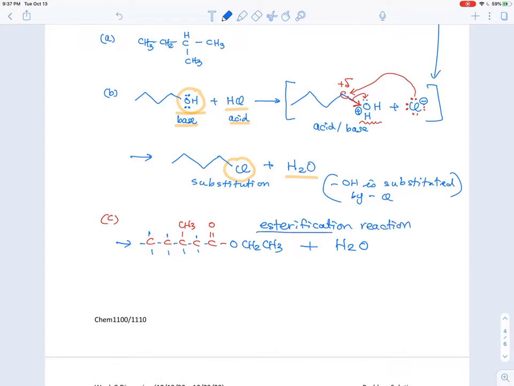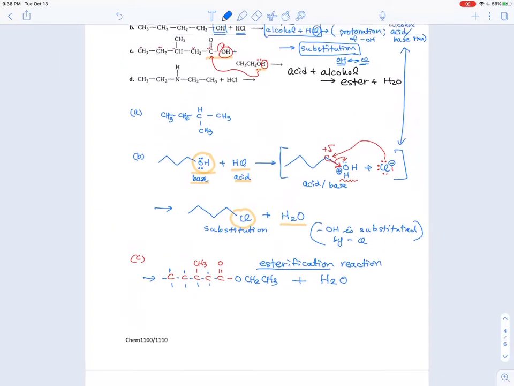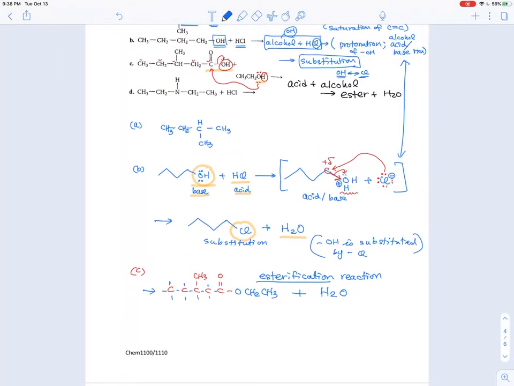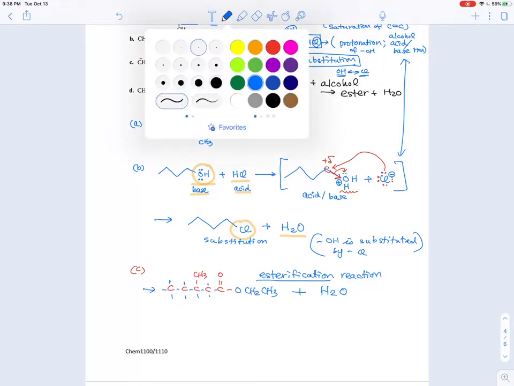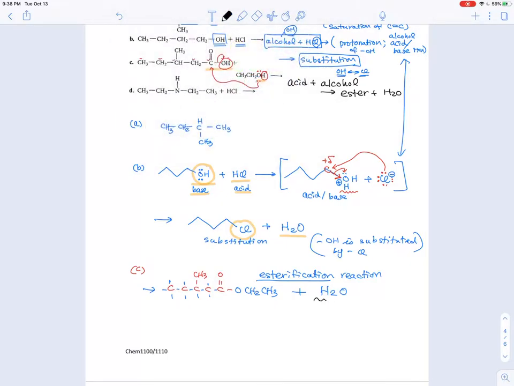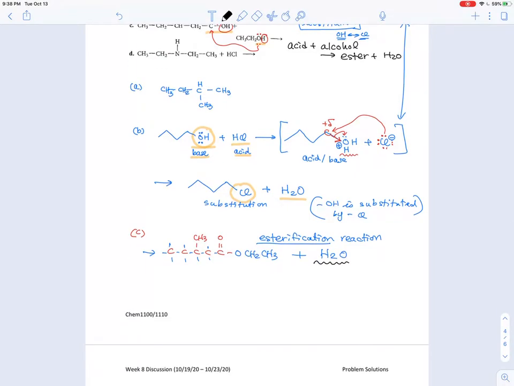Okay, so this is very specific. There is also a more generic name, and this is a common word, that this water is coming out as a byproduct, and this is a small molecule, what we call the condensate. Okay, so it's called a condensation reaction.